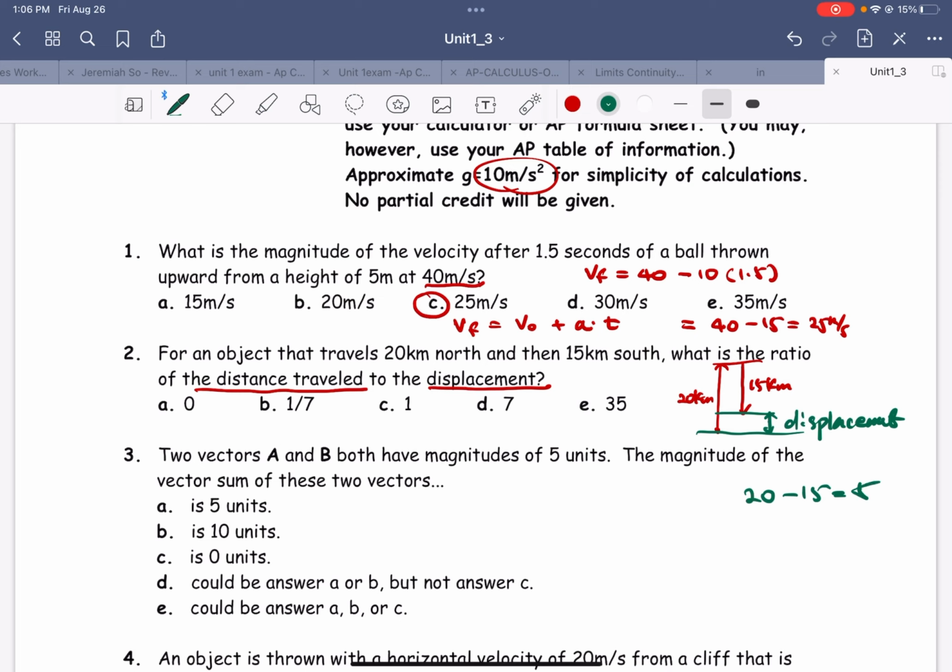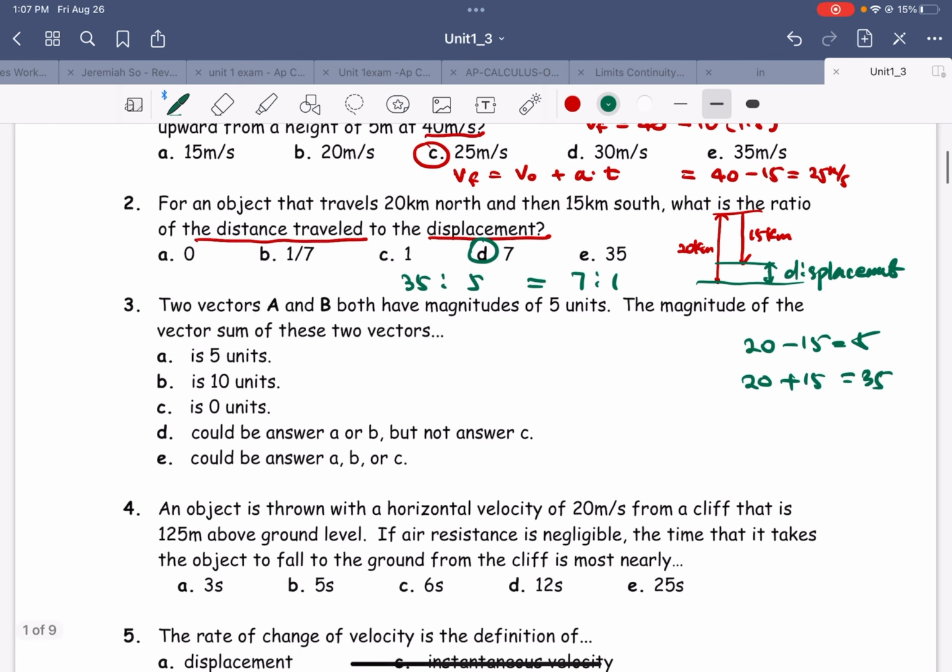But distance traveled is 20 plus 15, which is 35. And they ask you, what is the ratio? Ratio of distance traveled, which is 35, to displacement, 5. Then when you reduce by 5, 7 to 1. Okay, 7 to 1 is 7. Okay, now let's move on.